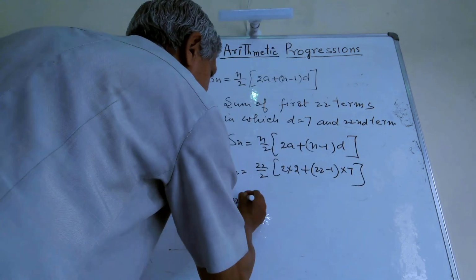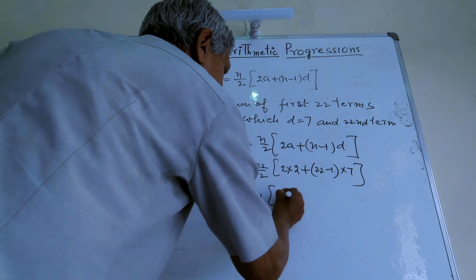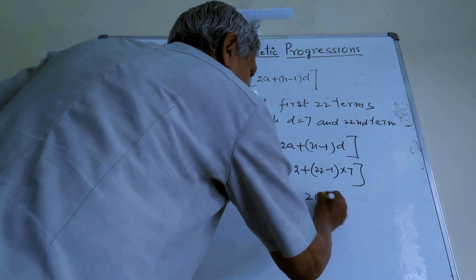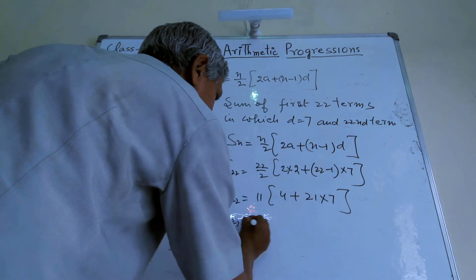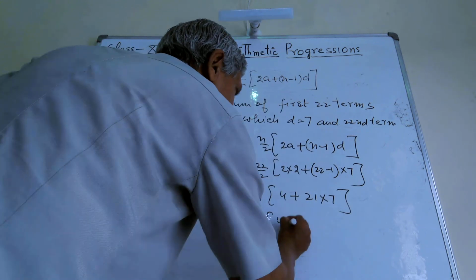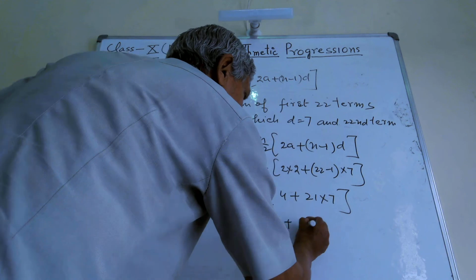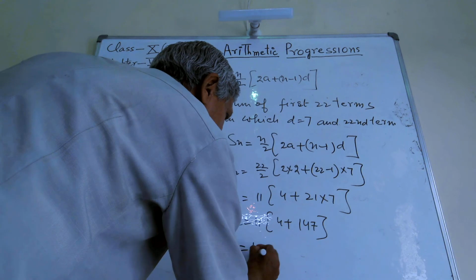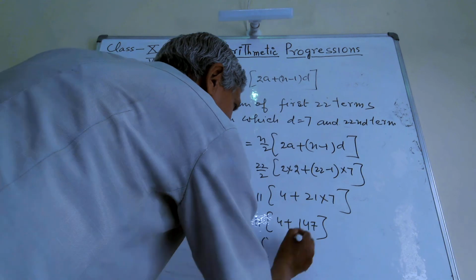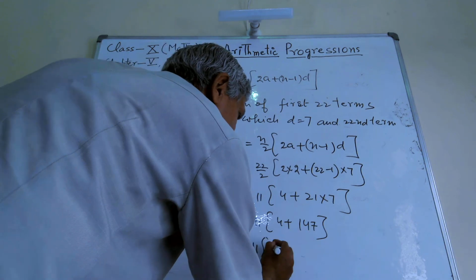S22 is 11 into (4 plus 21 into 7). S22 is equal to 11 into (4 plus 147), which is 11 into 151.